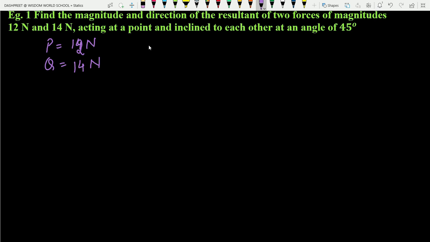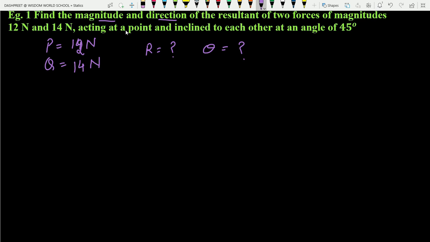You have to find magnitude, that means you have to find R. हमें R find out करना है और दूसरा क्या पूछा है इसमें, you have to find its direction. Direction means we have to find theta of the resultant of two forces, acting at a point.